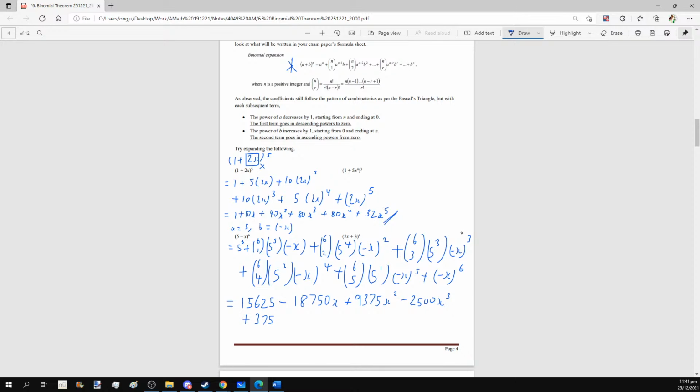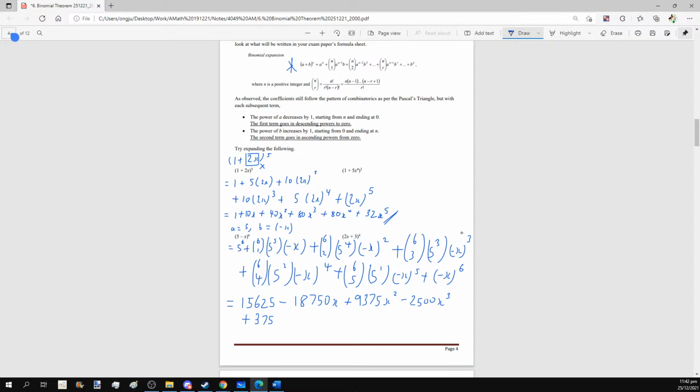Please don't do this mentally. I know some of the earlier topics I was doing everything mentally, but for binomial theorem, due to the size of the numbers you're working with, you probably don't want to do that. For anything with combinatorics and probability in general, you just don't want to do things manually.